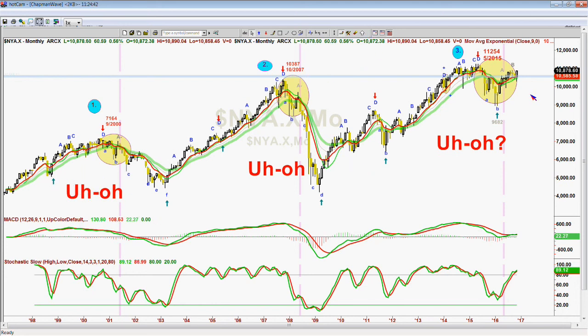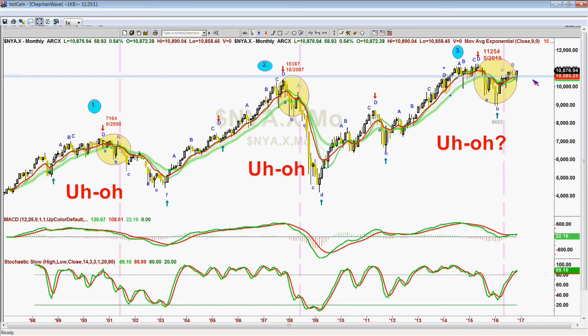And it seems to me that the difference between this pattern that's forming right now and every other pattern after the peak D top in September of 2000 in the New York Stock Exchange, 2,000 stocks trading right now, up 60 at 10,878. And the top that was made October of 2007 at 10,387, that's number 2. And top number 3, made at 11,254 in May, hasn't been taken out yet.